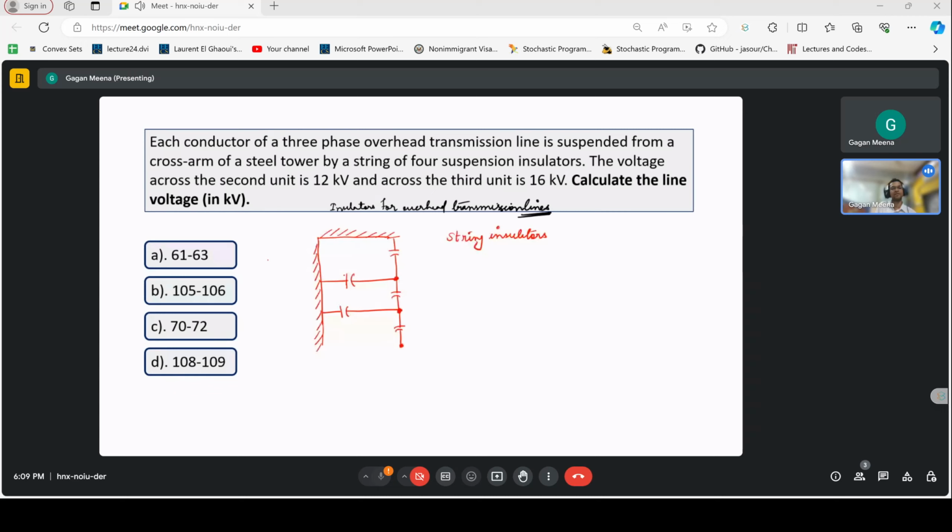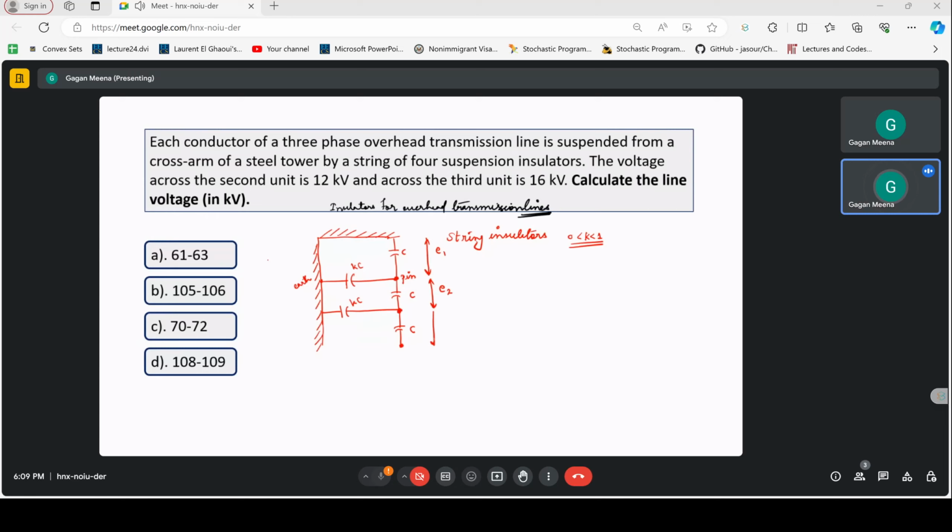So we assume that this is E1, voltage across the first capacitance, then second capacitance E2, and third is E3. And V, the line to line voltage, is root 3 times (E1 plus E2 plus E3). So E1 plus E2 plus E3 is the phase voltage. If you multiply it by root 3, you will get the 3 phase line to line voltage.